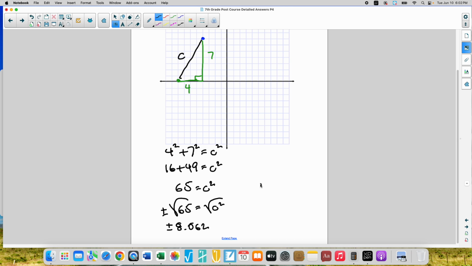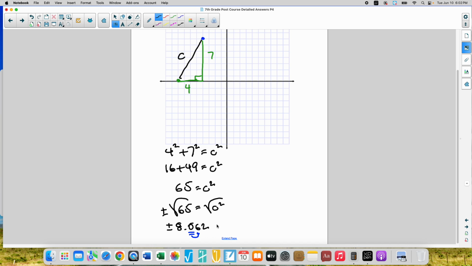Yep. And if we're going to round to the nearest tenth, I have to look at the hundredths place. This tells me to round it up. My board went, sorry. Come on. There we go.